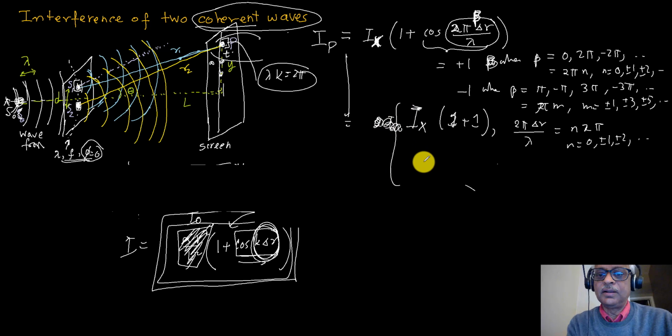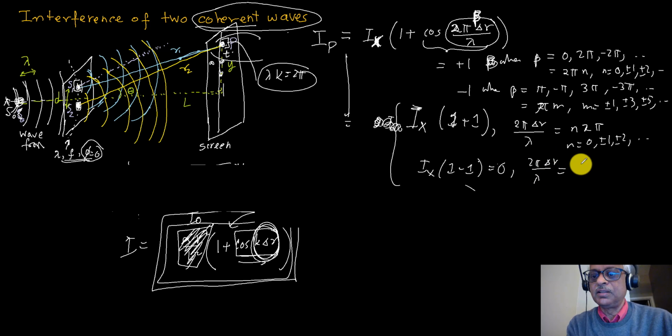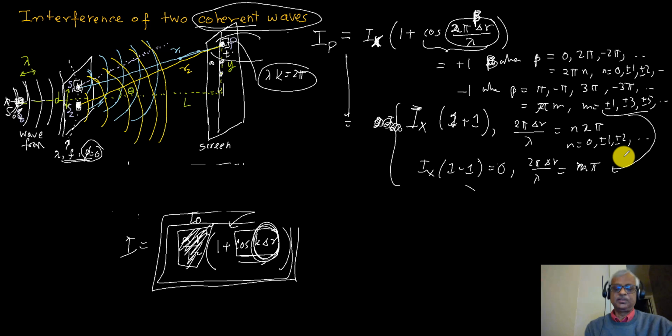And it is Ix times 1 minus 1, equal to 0, for 2 pi delta R over lambda equals m times pi, and the m's are these values.